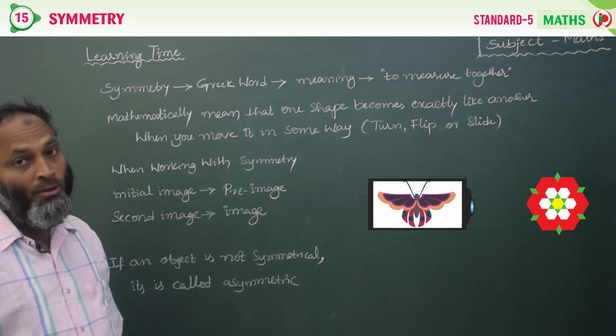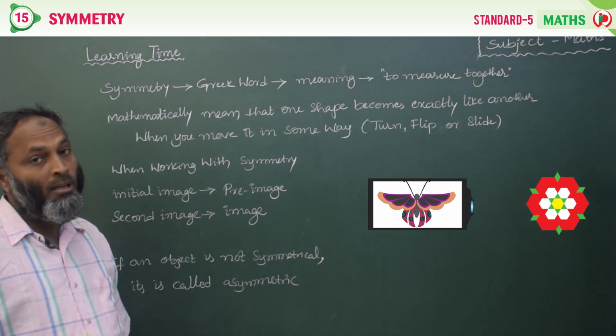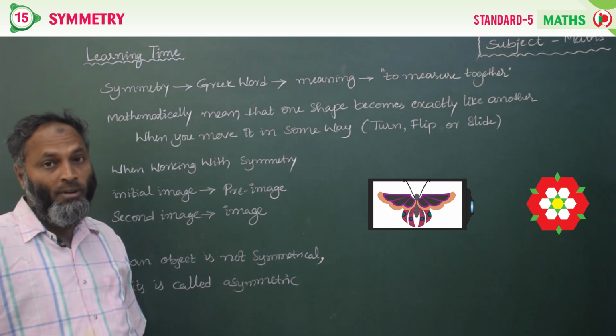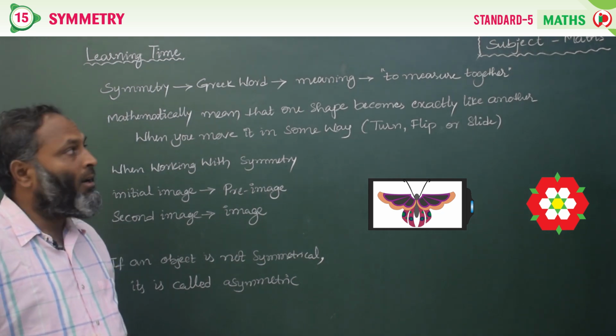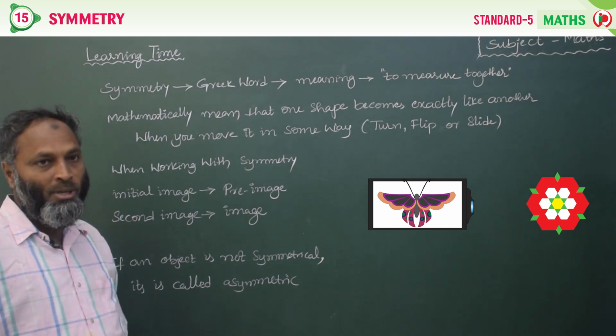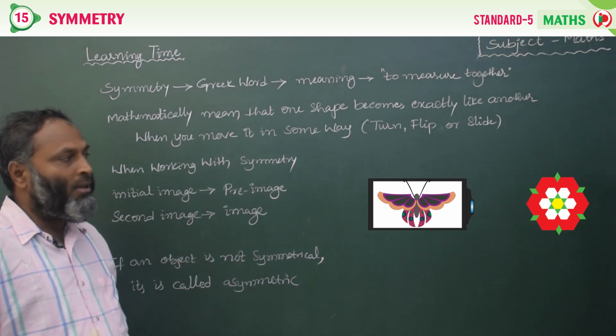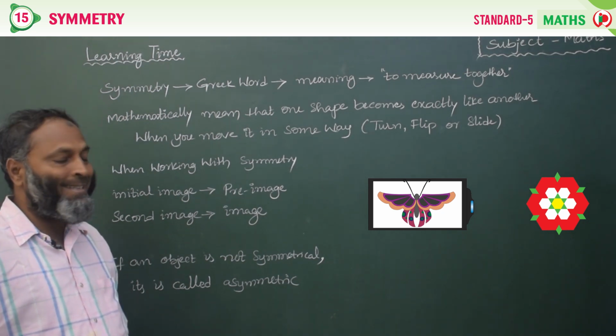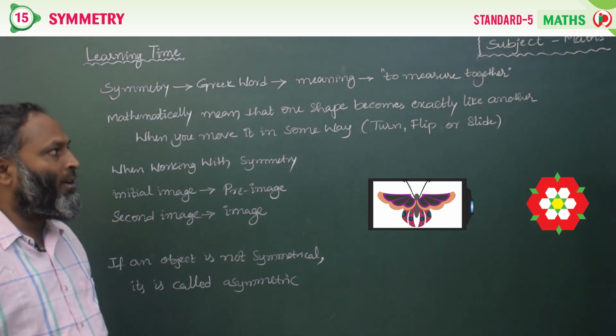If two or more shapes are there, we compare whether they are the same shape or size. The meaning of symmetry is to measure. Mathematically, it means the shapes become exactly like one another.